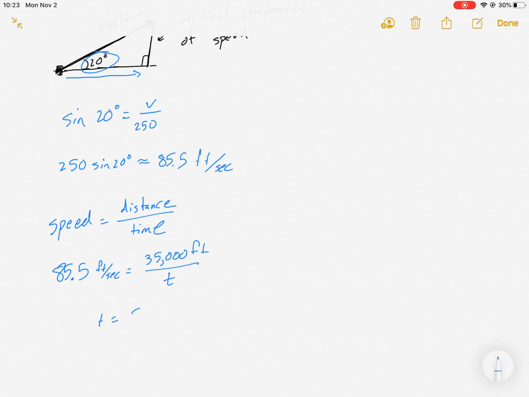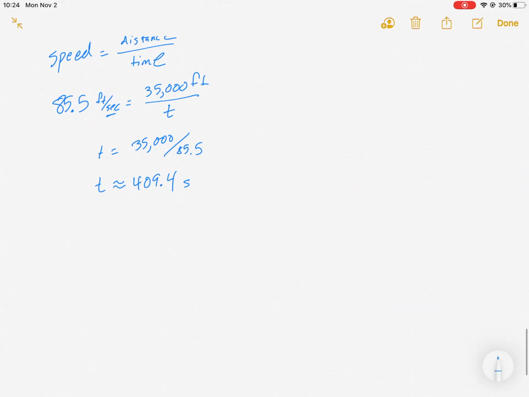Solving for time, we end up with 35,000 feet divided by 85.5, which is roughly 409 point, we'll call it 0.4. And the units, since I'm dealing with seconds there, are seconds, 409.4 seconds.